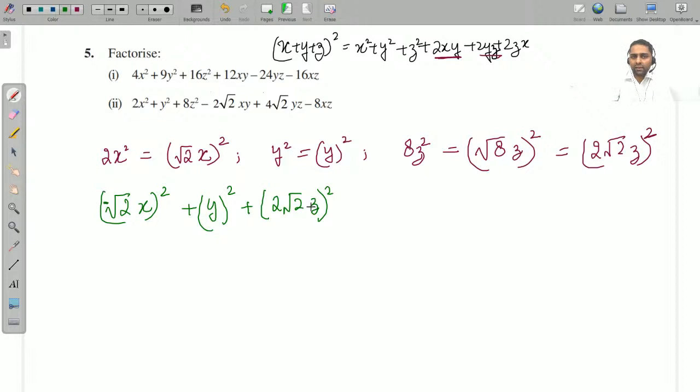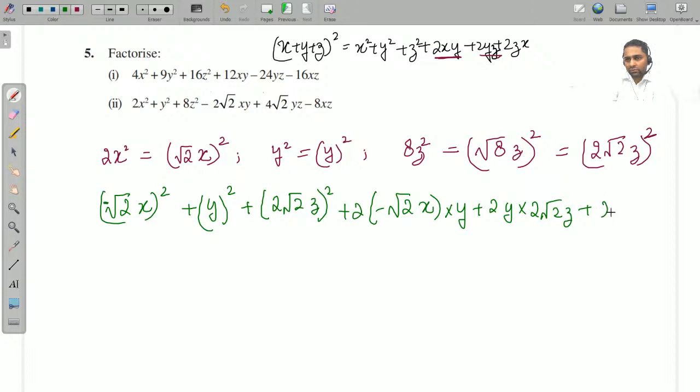So in this case, you are going to put a negative sign with square root of 2x. Now how are you going to write the rest of the terms? Plus twice of negative square root of 2x times y, plus twice of y times 2 square root of 2z, plus 2 times 2 square root of 2z times negative of square root of 2x.